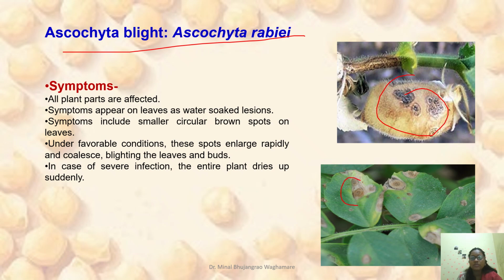We can see small circular brown spots coming on the leaves, and this ultimately leads to dry and necrotic tissue inside the leaves, which reduces photosynthesis and ultimately leads to yield losses. The size and quality of seed reduce, and pods also reduce in size and number. In severe cases, the entire plant dries up suddenly, with a kind of wilting appearance.